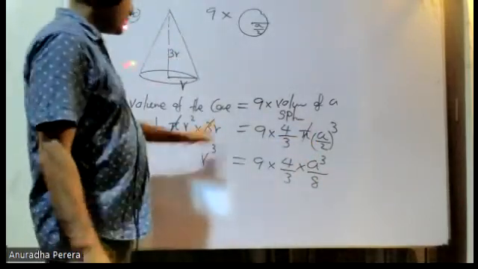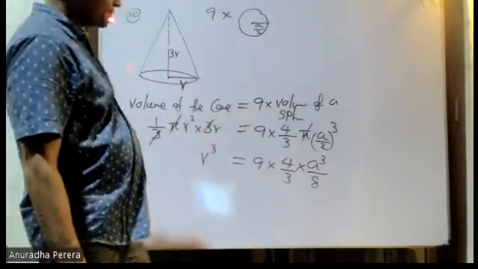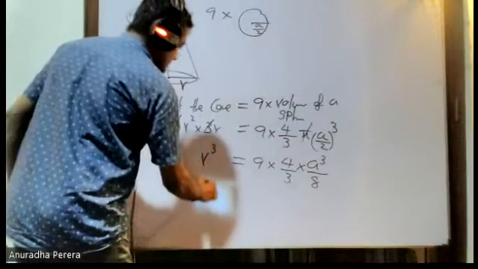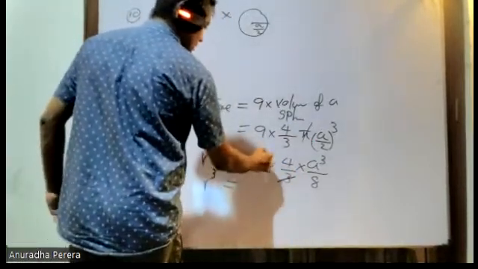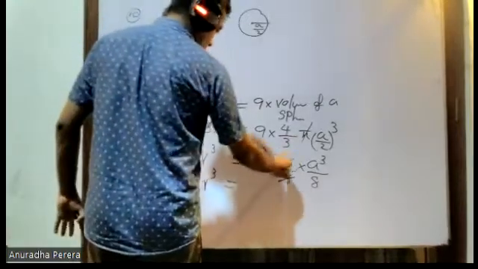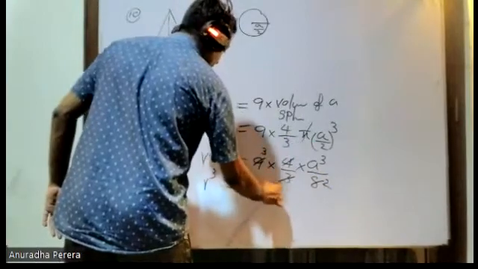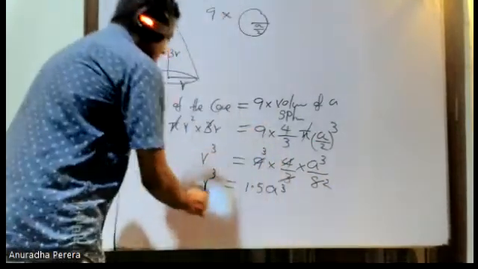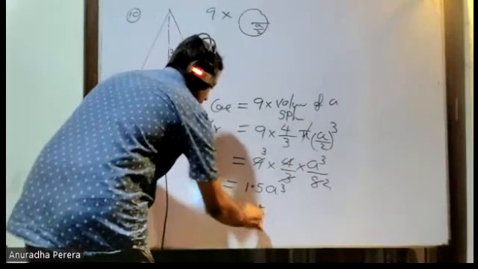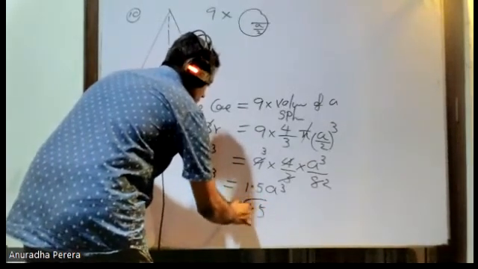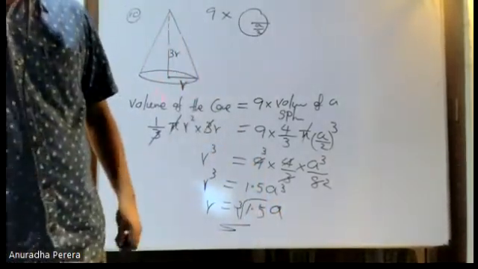Both sides can be divided by π. Left side r cubed. Then r cubed equals, simplify by 3, then by 4, 3 over 2 means 1.5 a cubed. Your answer is r equals the cube root of 1.5 a. Yes, the cube root of 1.5 a.